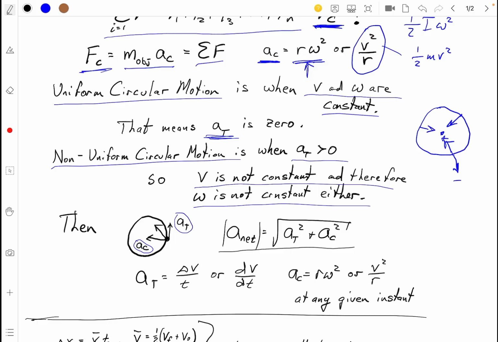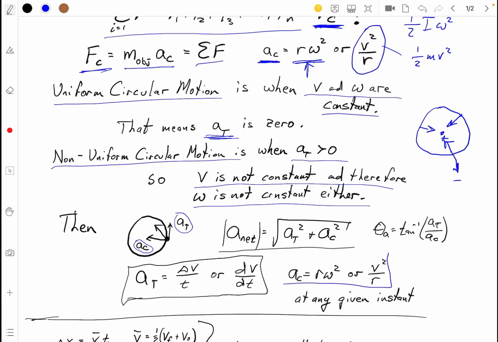And then if you want to get that angle, then theta a is going to be equal to the arctangent. And what do we want? Do we want a c to be in the x direction? Yeah, let's do a c. So then we'd say a t over a c, and that would be with respect to the radial direction. So a t equals this.